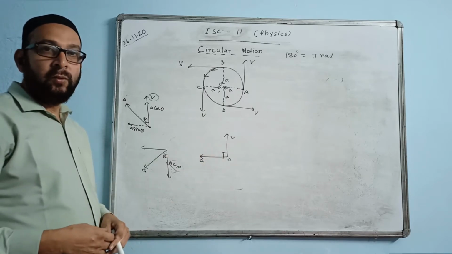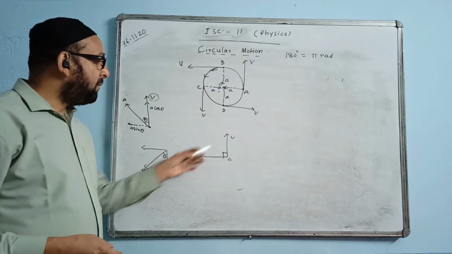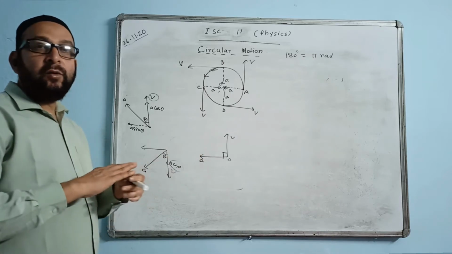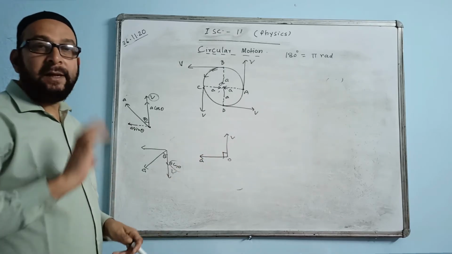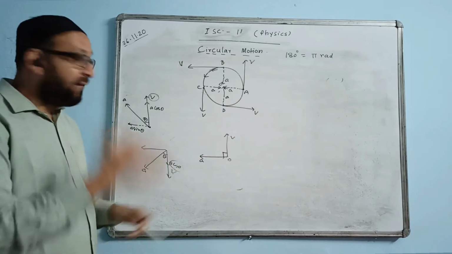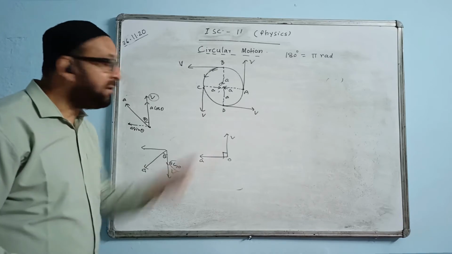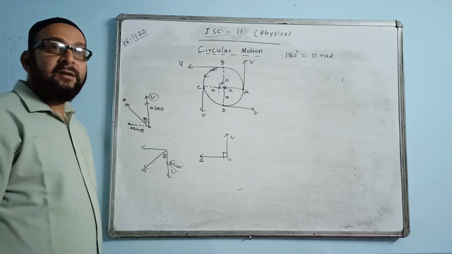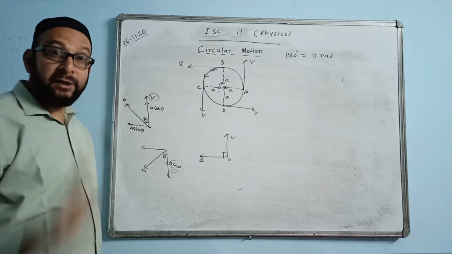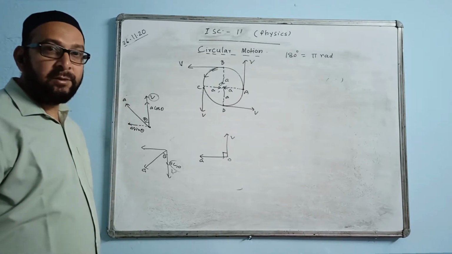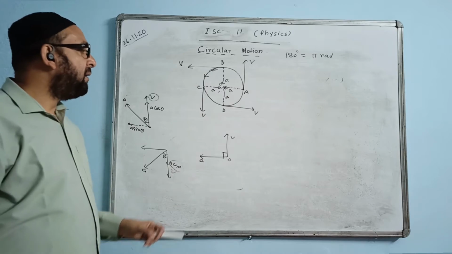The answer is no. So none of them will break into components, and both will remain independent of each other. This acceleration will not affect the magnitude of velocity. Thus, the magnitude of velocity will remain constant. I am talking about magnitude, not direction, which will never be constant. So that is the idea.